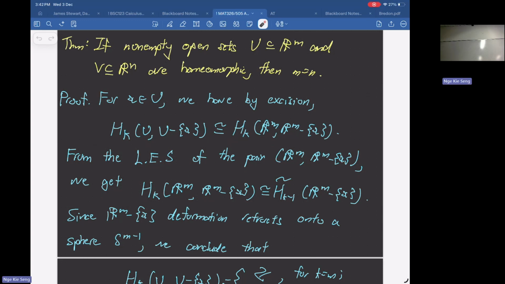So homeomorphic open sets must come from the same Euclidean space. Reasonable, because an open interval is different from an open ball.